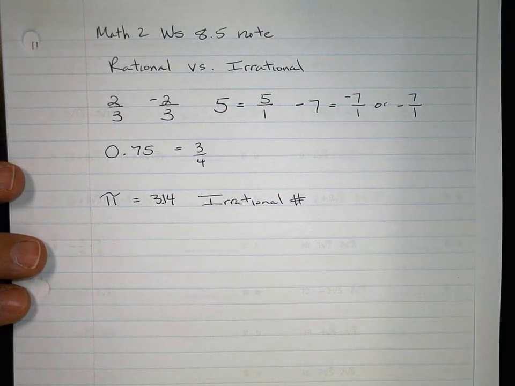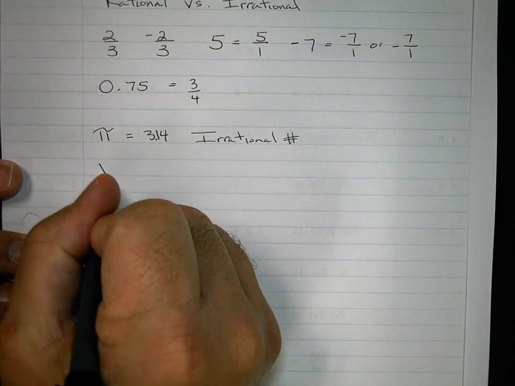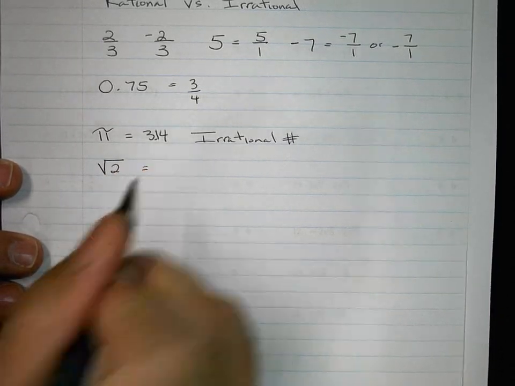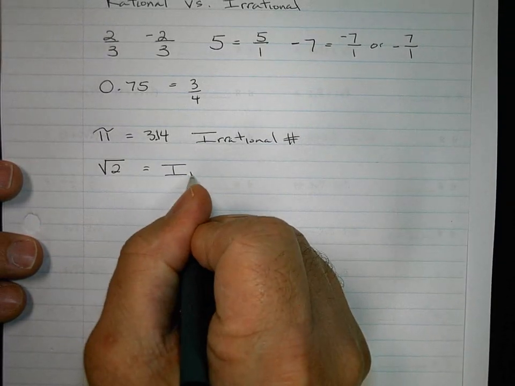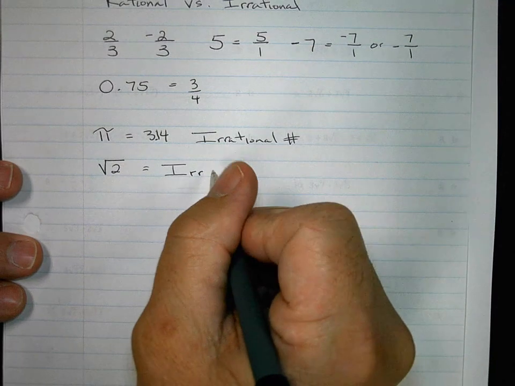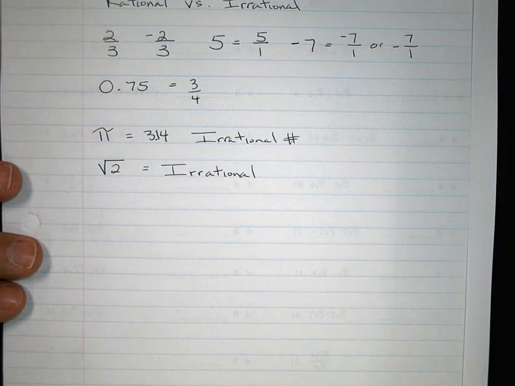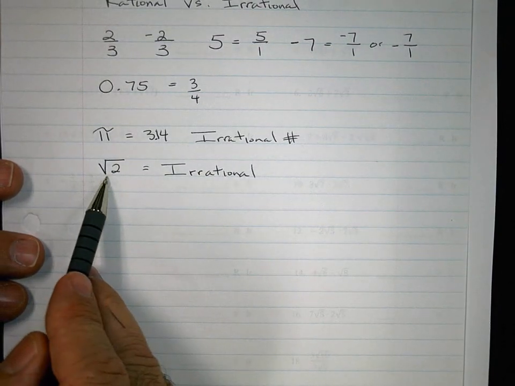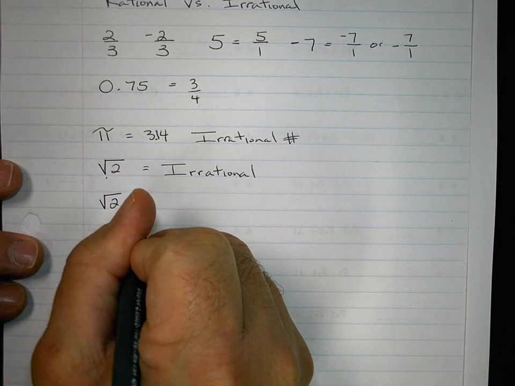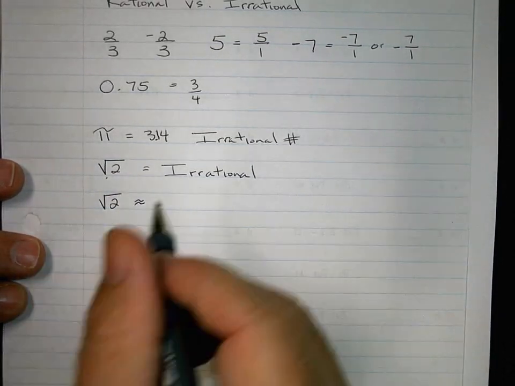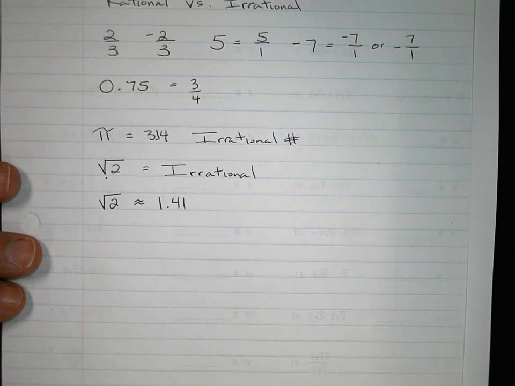Well, more specific to what we're talking about in this unit is radicals, like the square root of 2. Radicals that we cannot simplify are considered irrational numbers. We can get an estimate of what their number is, but we do not have an actual number. If we take the square root of 2 and put it in our calculator, it comes out to be approximately 1.41, and again it goes on forever without repeating.